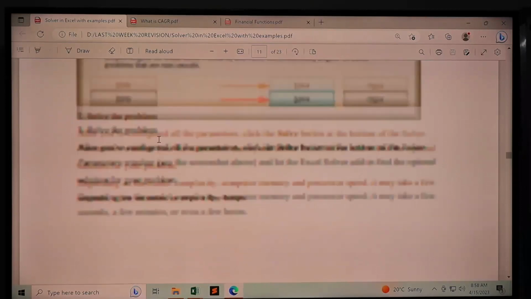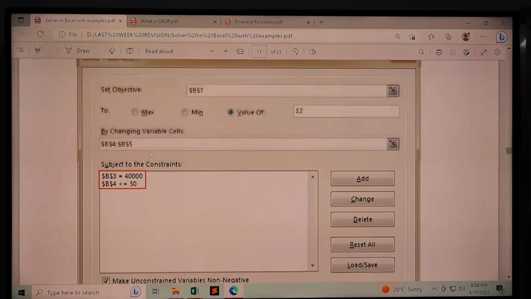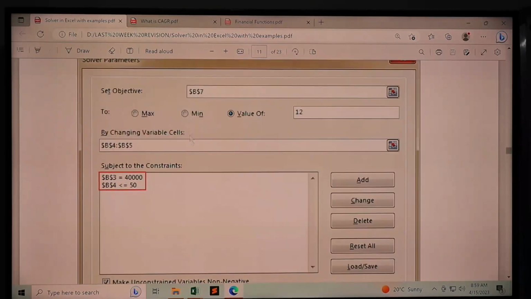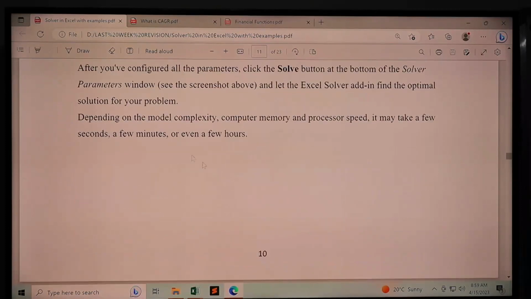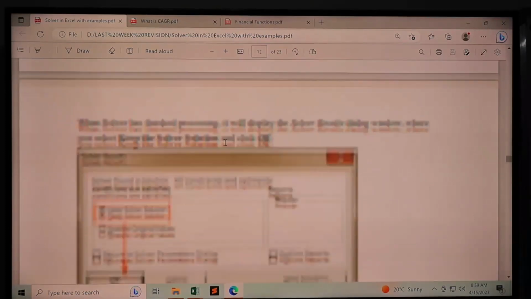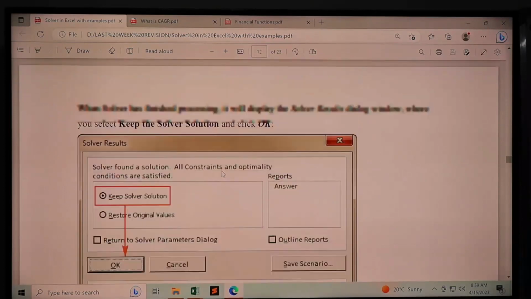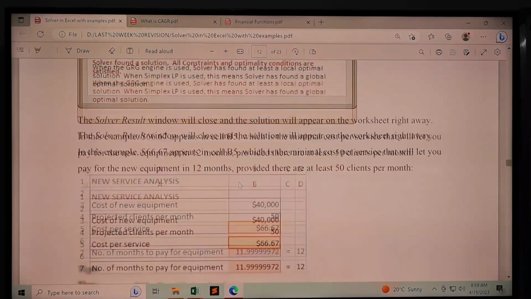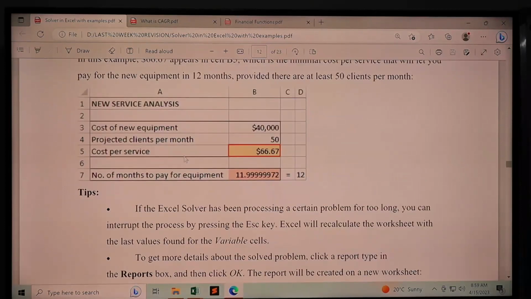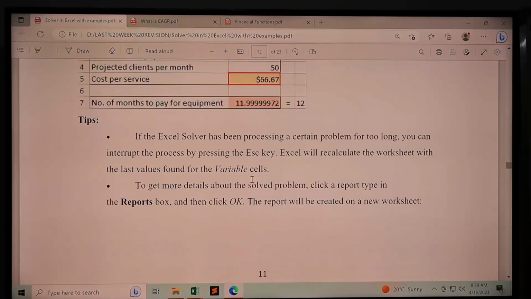After running this, it should compute and give you the last solution. You click OK, and it should give you the projected cost per client, this amount here. Then the number of months should give you this amount here.